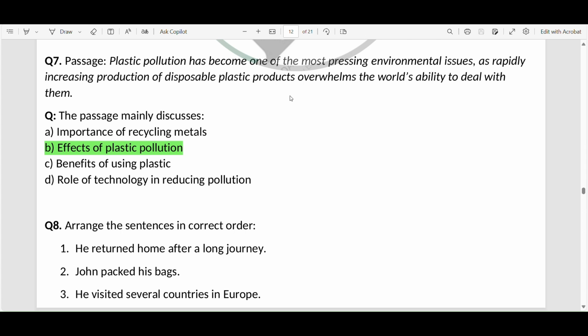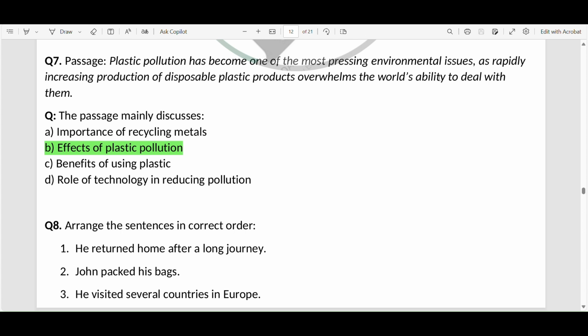Plastic pollution has become one of the most pressing environmental issues, as rapidly increasing production of disposable plastic products overwhelms the world's ability to deal with them. That means, why has this become the most important environmental issue?